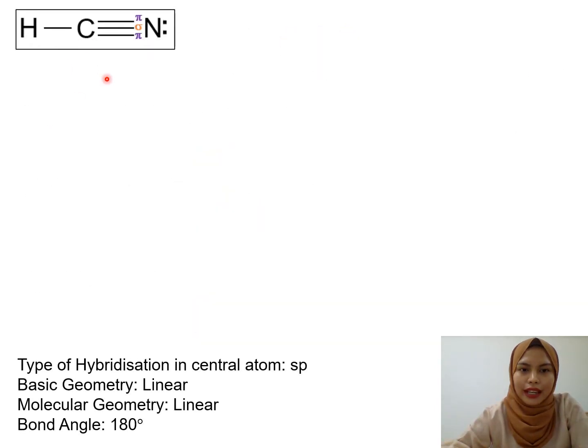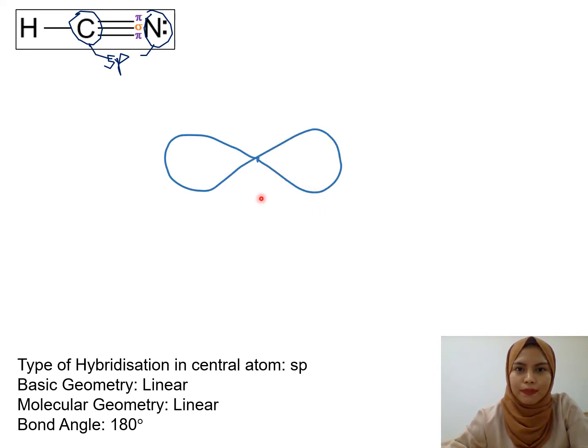Okay, by looking at this molecule, I already knew that this carbon atom dan juga this nitrogen atom, dua-dua ni mereka ada sp hybrid orbital. Kan? So macam mana you nak draw everything out? So I would like to draw the sp hybrid orbital untuk carbon atom.